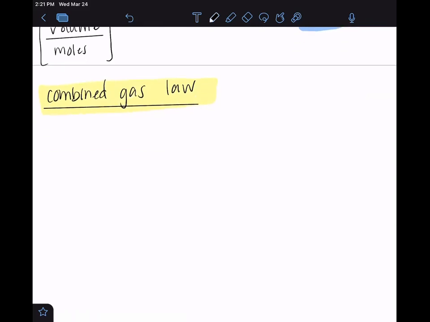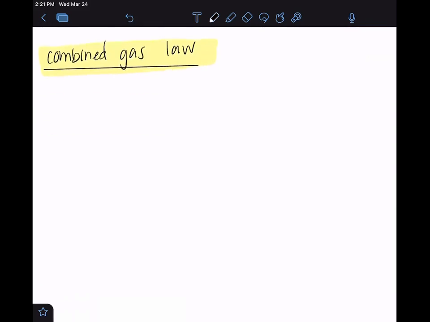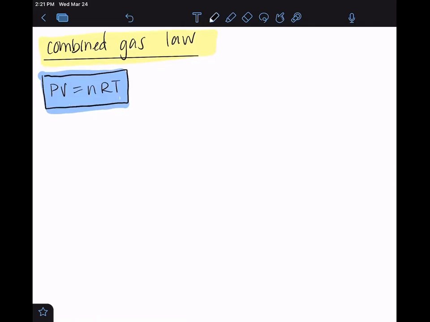Now we're going to introduce one more thing. This is the equation, PV equals nRT. This is the ideal gas law. If you hear me refer to it as PIV nert, that's why: PV, piv, and then nRT, nert.